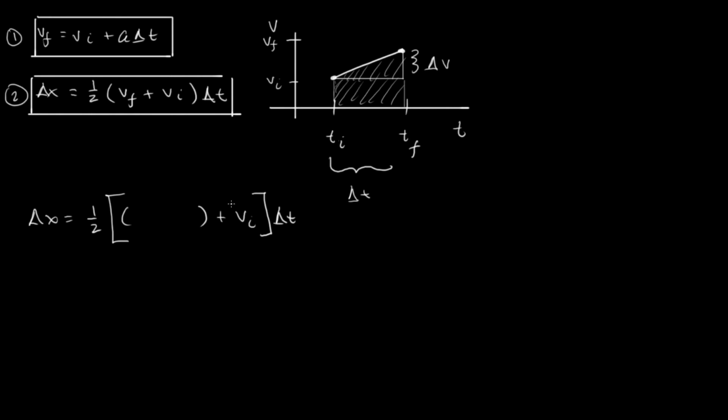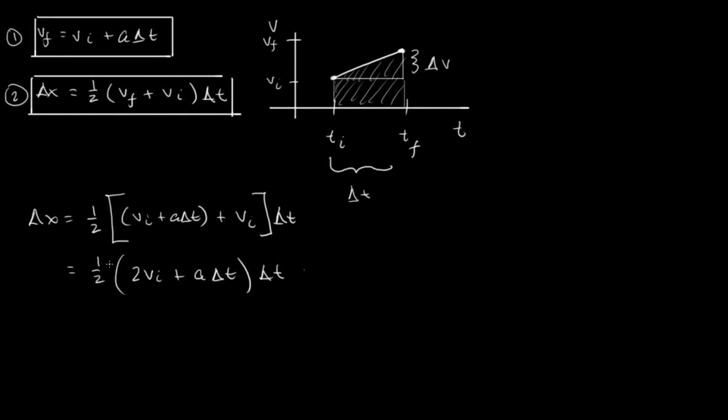This v sub i is this v sub i, and this v sub f actually goes inside of here, but I'm going to write this as v sub i plus a delta t. Then I simplify. I can just add the v sub i's together, so I get 2 v sub i plus a delta t, times delta t.